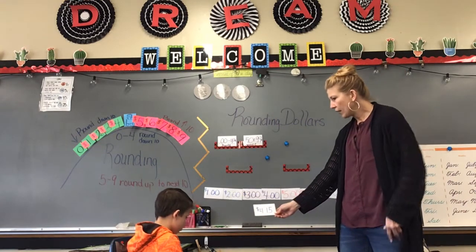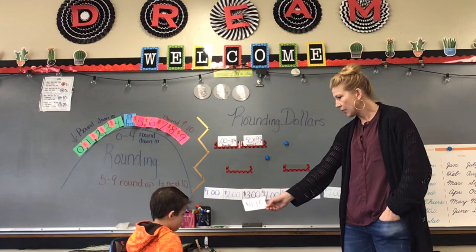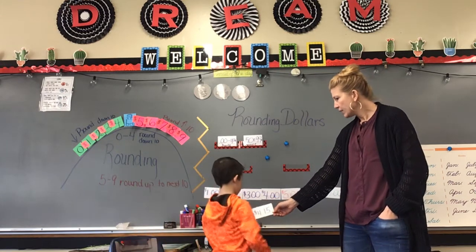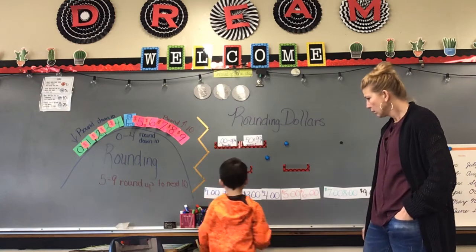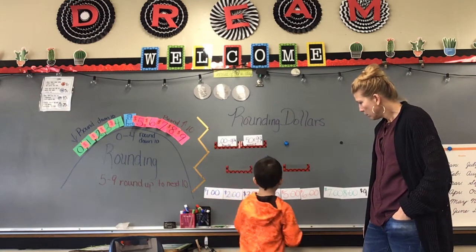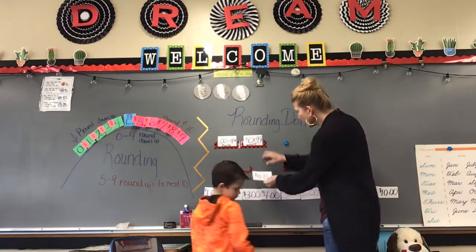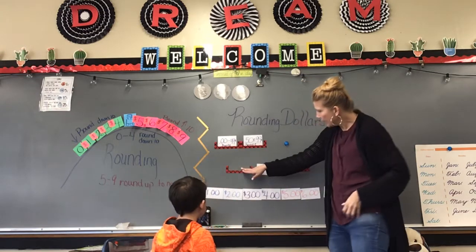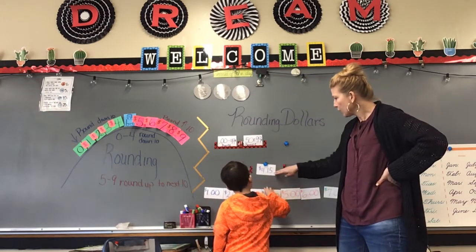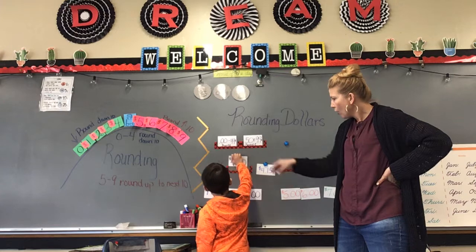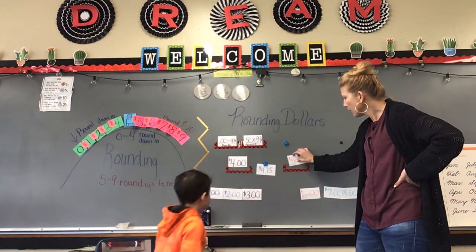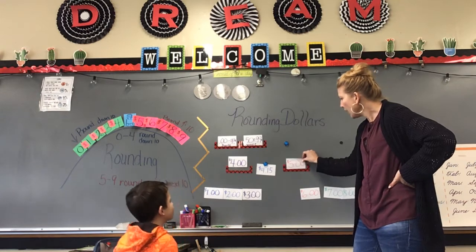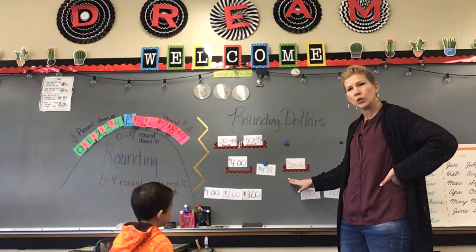Ben, where would $4 fit in? Take your card, Ben, and see where you would find $4. All right, good job. So we know that $4.15 is between $4 and $5. This is $5.